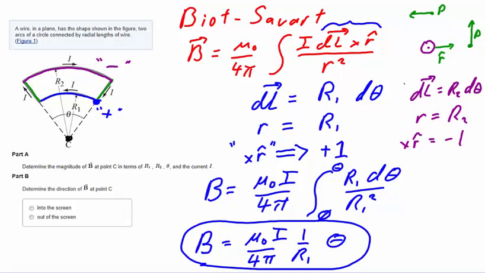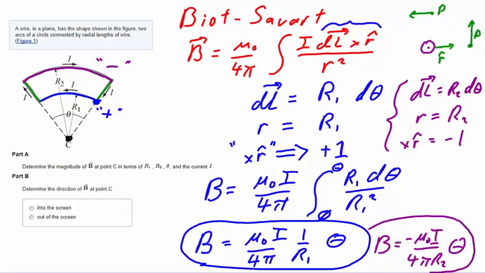When we plug in these series of parameters into the same integral, we notice that there are only two changes. r1 is changed to r2, and the cross r hat produces a minus sign, so that the magnetic field contribution is negative μ0I over 4 pi r2 times theta.